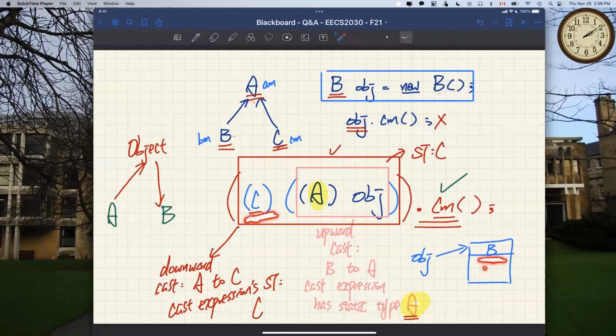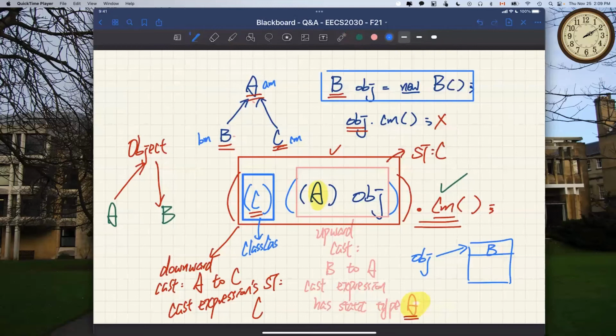Can B fulfill the expectation of C? No, it cannot, because B is not a descendant class of C. So you still have trouble. So what's going to happen? Let me write it down, and then I'll answer your question. Give me a moment. This is really where you're going to run into a ClassCastException.